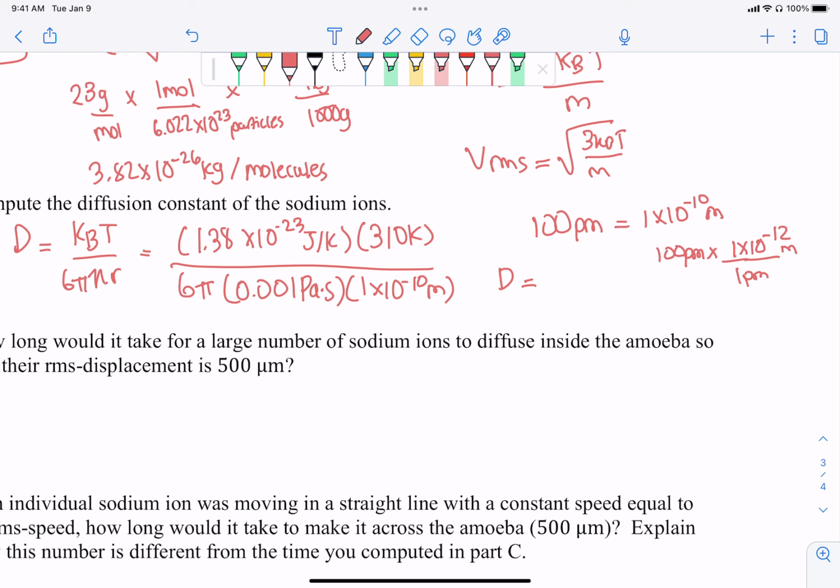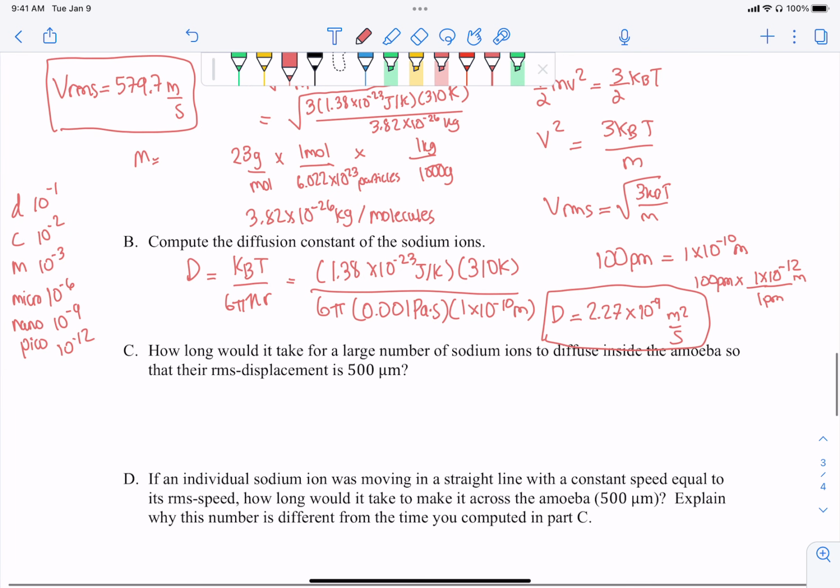And Christian got 2.27 times 10 to the -9. Yep, and it's meters squared per second. Let me move this so it's a little bit clearer. There we go. Meters squared per second.